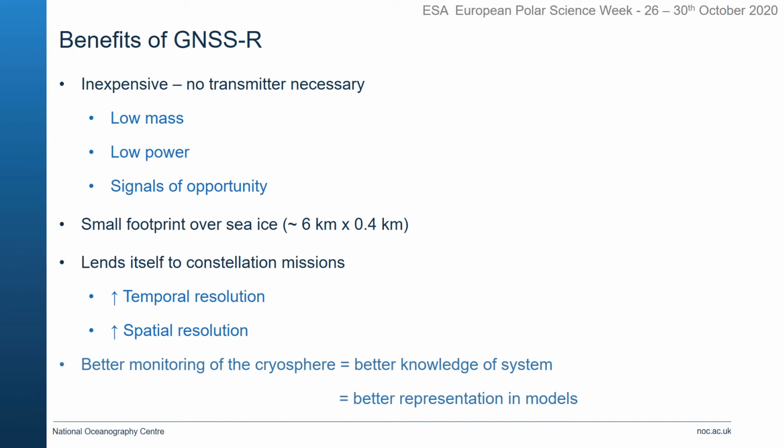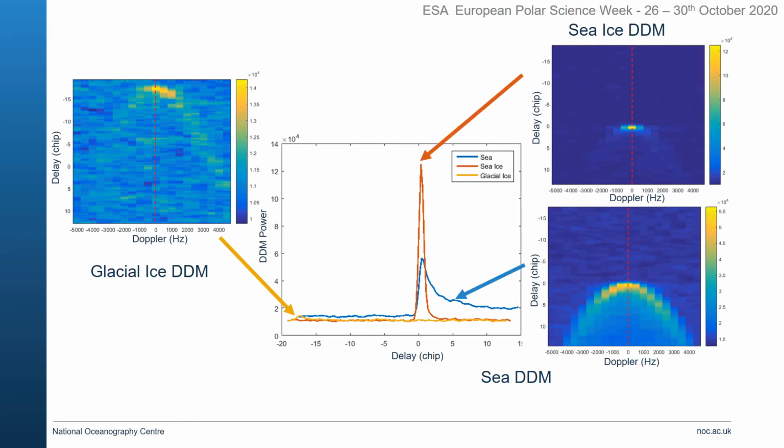Here you can see the DDMs from the 3 different surfaces shown earlier and how they translate into their waveforms. This is effectively a cut down the zero Doppler line of the DDM, giving a change in power with time. The glacial ice DDM on the left has a very low peak, barely visible, but very early in the delay window, arriving at -18 chips, so that's before it was expected due to the height of the glacial ice above the ellipsoid.